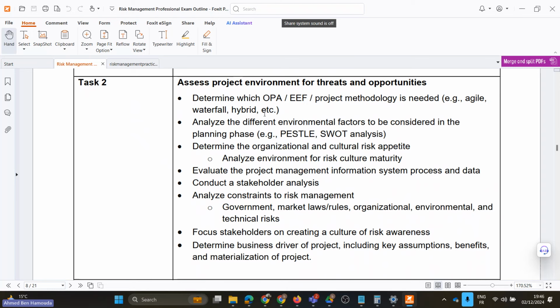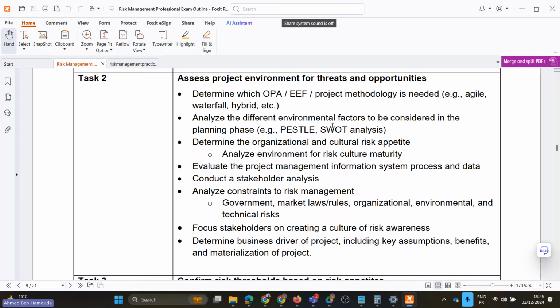And we have seen this even in our PMP training, and that's why I say that the content from our PMP training really helped a lot the people while preparing for their risk management professional exam. The PESTEL analysis or the SWOT analysis, which is quite famous, and actually the SWOT we will see also in the next session, number 2.